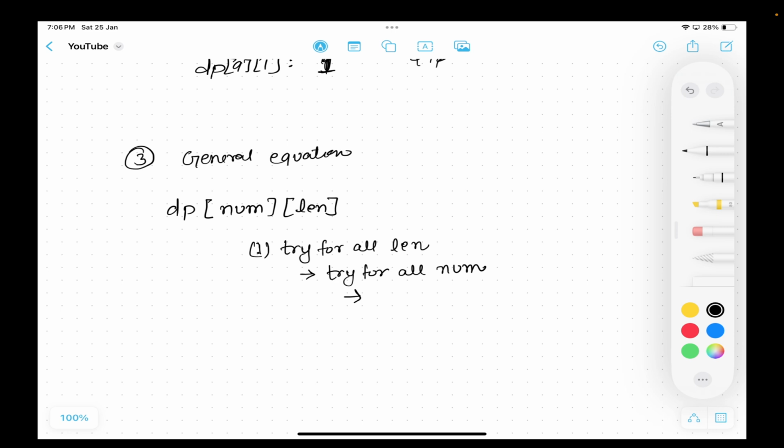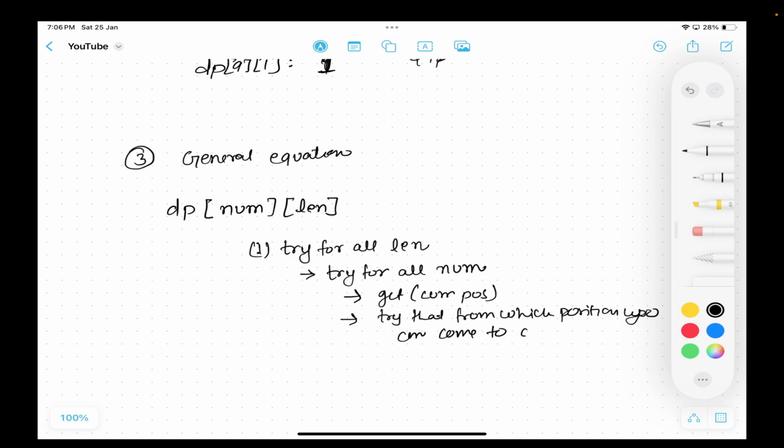In this, you will get the current position, and you will also try from which position you can come to the current position, and then you will add the answer of length - 1 to the current answer.